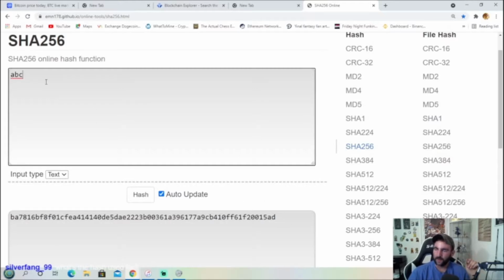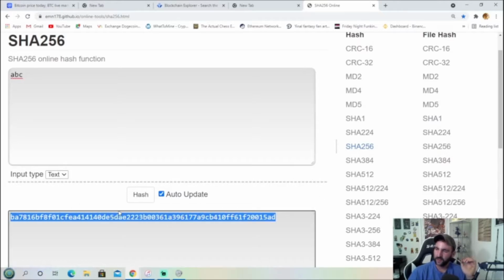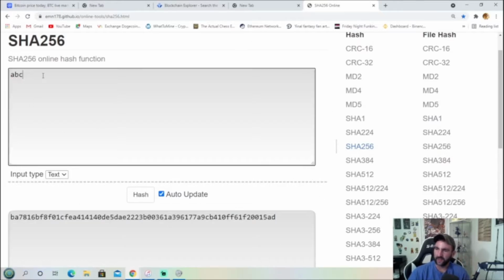So that's how the Bitcoin network runs. It puts all the transactions into a block, and then it spits out a hash. So this can be super long. Like here I am at the computer, and so that's the hash function for that.